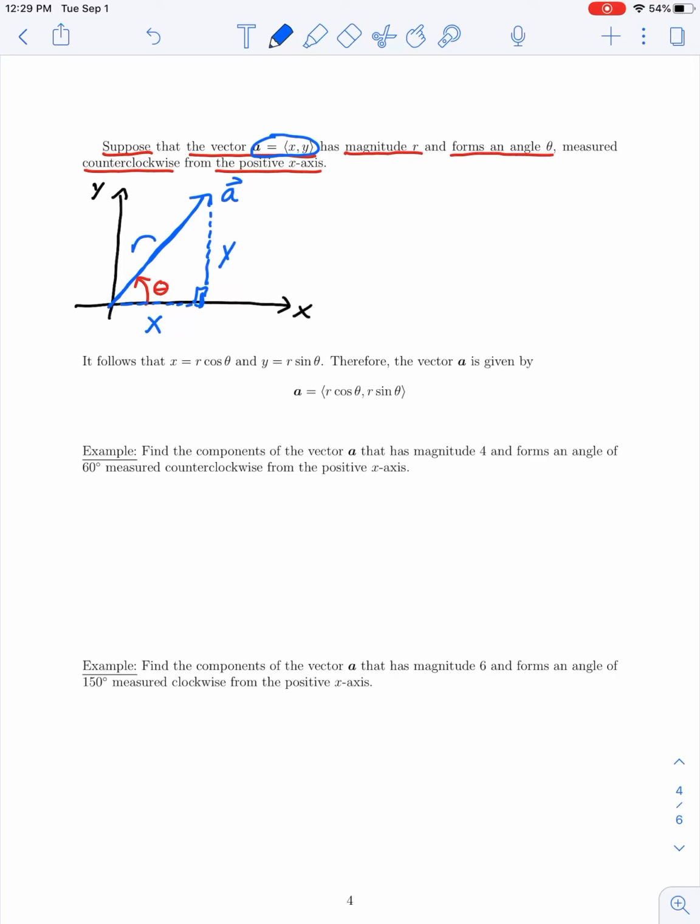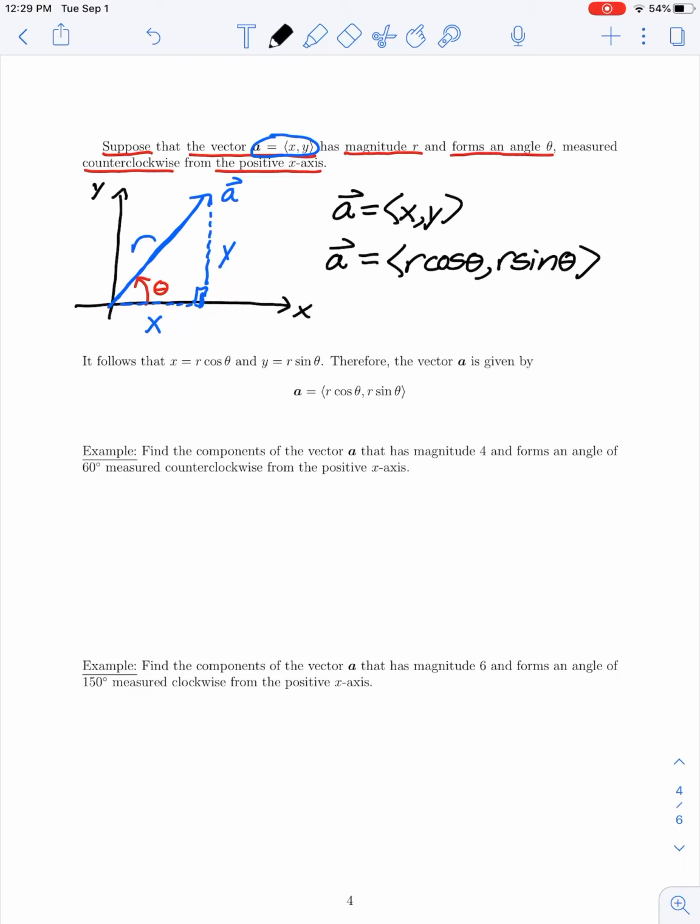So from what we know about polar coordinates, the vector A, whose components are x and y, could be described in terms of the polar coordinates, where x is equal to r cosine of theta and y is equal to r sine of theta. So we now have a way to represent vectors, or find the components of a vector, if we know its magnitude, which we would call r, and the angle theta that it forms from the positive x-axis.